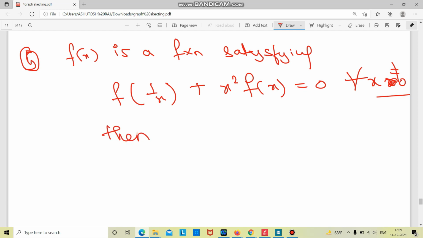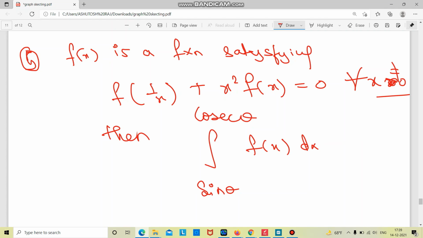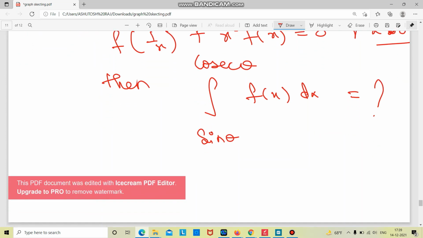Then we have to calculate the integral from sine theta to cosec theta of f of x dx. It is a very simple problem.